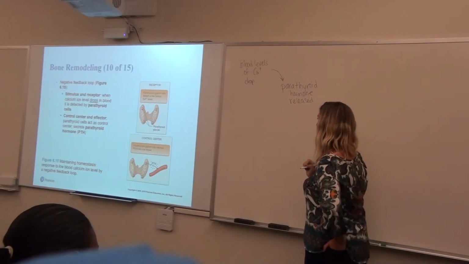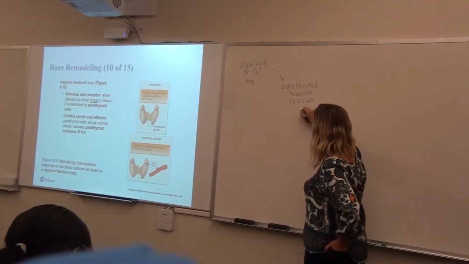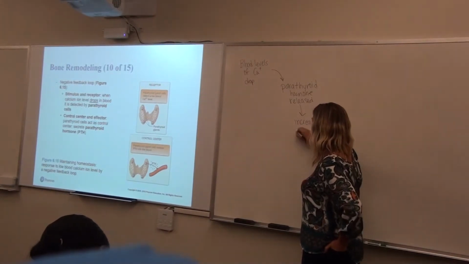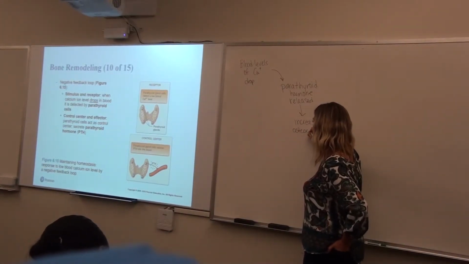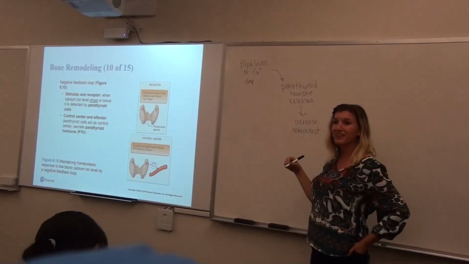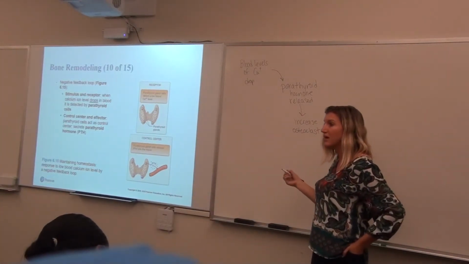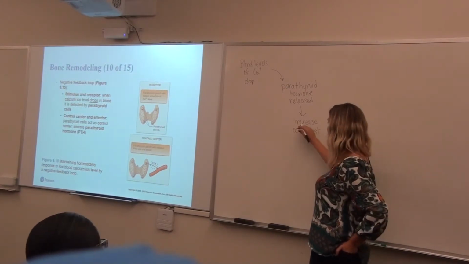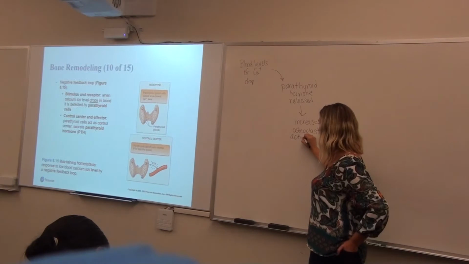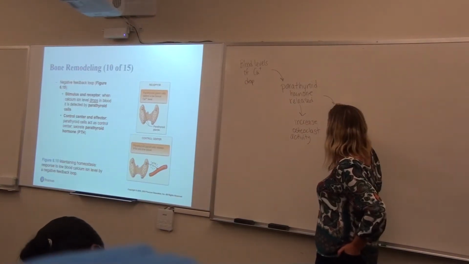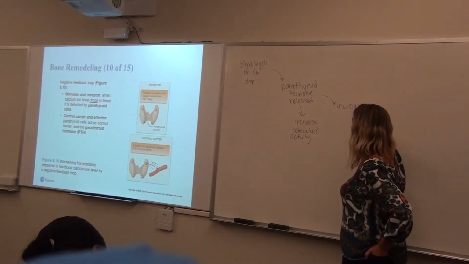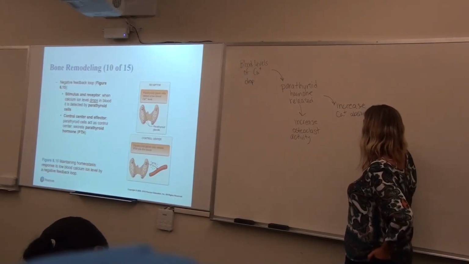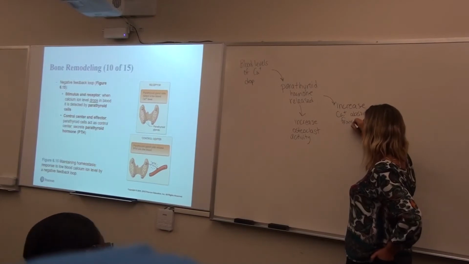It does this in a couple of ways. The parathyroid hormone is going to increase osteoclast activity. Remember what osteoclasts do, right? They dissolve bone. They take the calcium out of the bone and stick it in the blood. Parathyroid hormone is the thing that makes them do that. So increase osteoclast activity. Parathyroid hormone is also going to increase calcium absorption from the digestive tract.